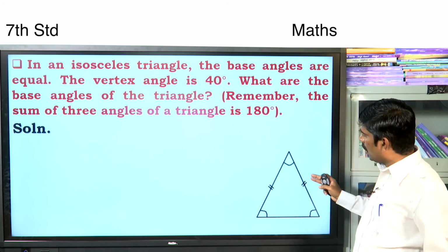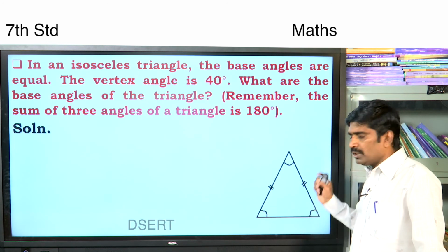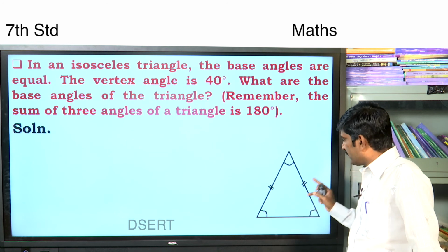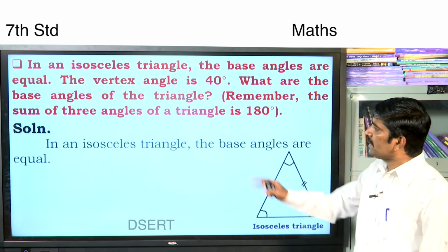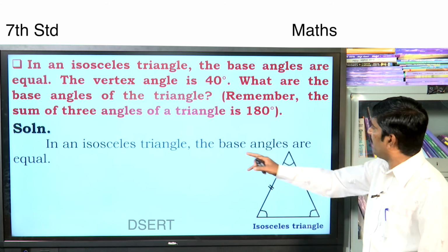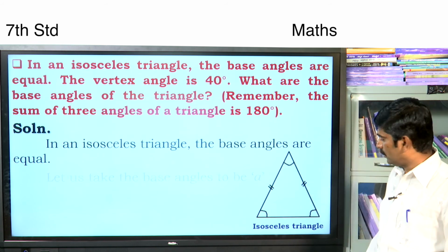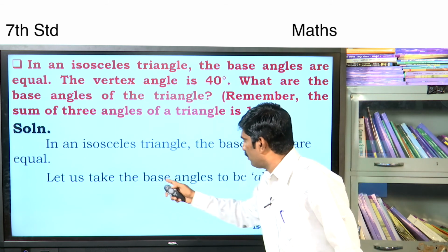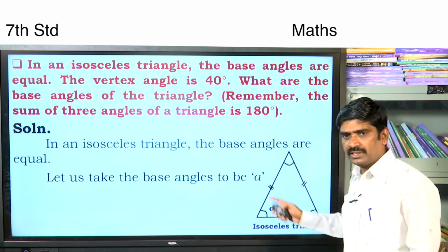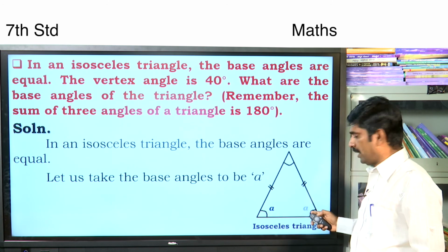This is the isosceles triangle. In an isosceles triangle, two sides are equal and two angles are also equal. Therefore, the base angles are equal. Let us take the base angles to be A and A.